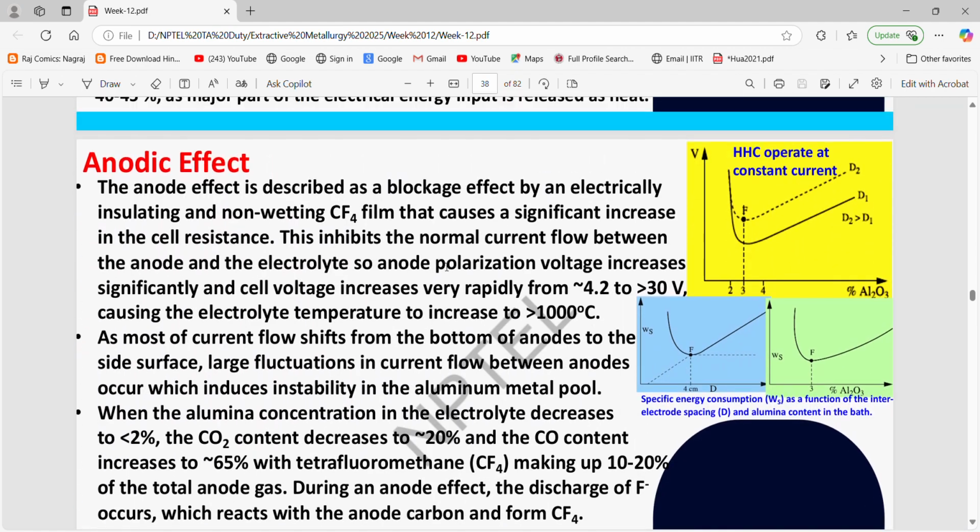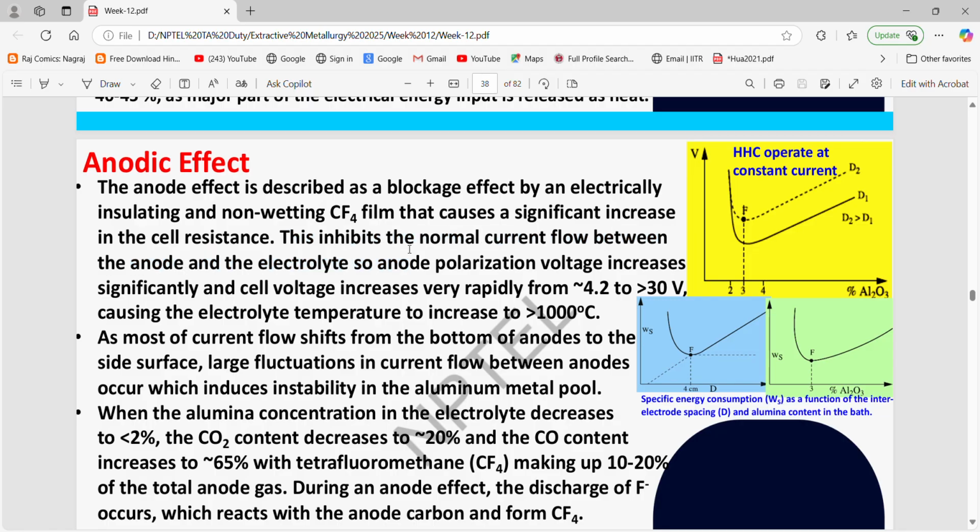Now coming to the anode effect. The anode effect is described as a blockade effect by an electrically insulating and non-wetting CF4 film that causes a significant increase in the cell resistance. So this inhibits the normal current flow between the anode and the electrolyte.